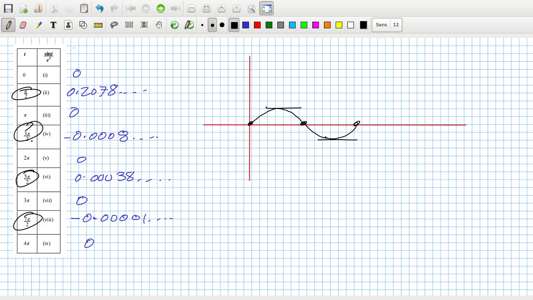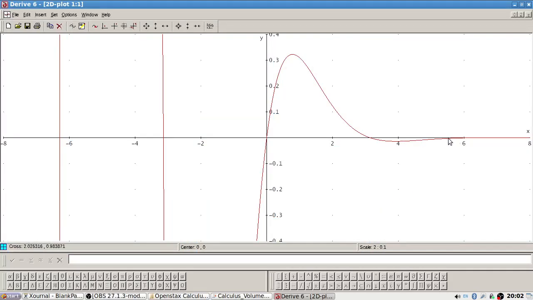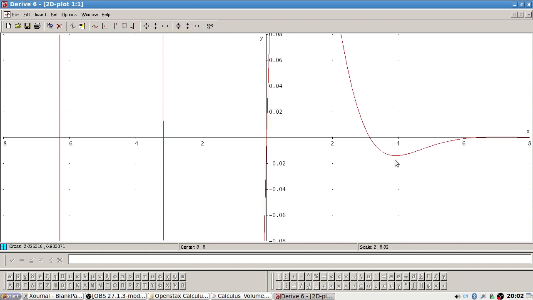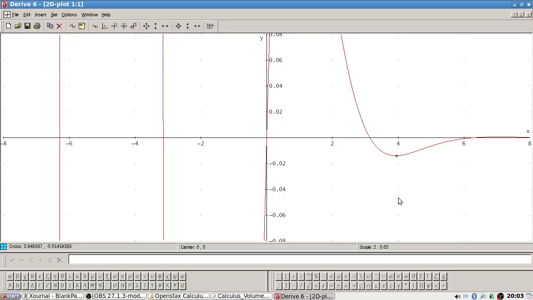About 4.7. I feel like this isn't as easy as they're making it out to be without a graph.